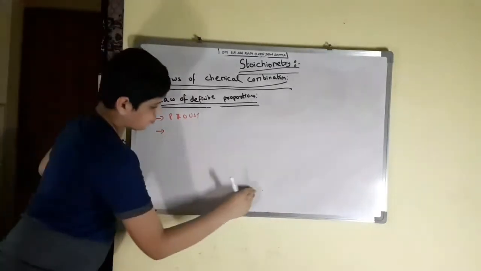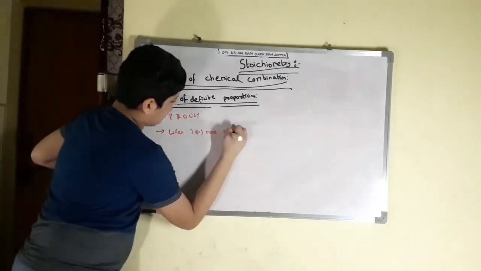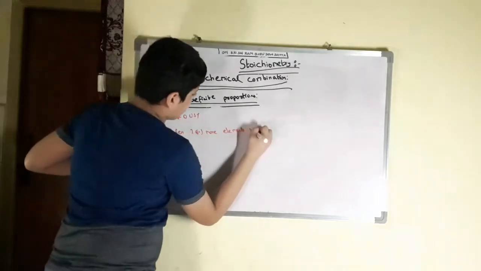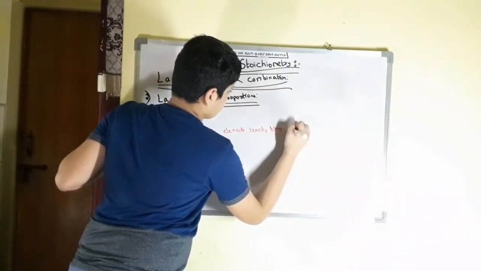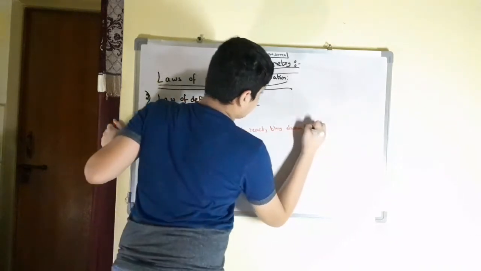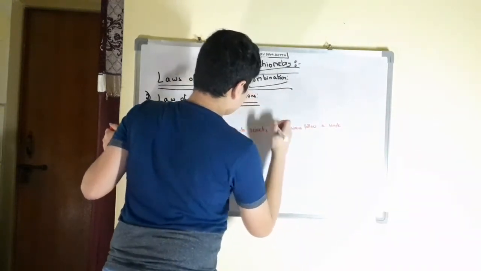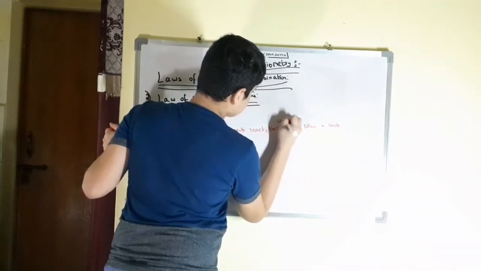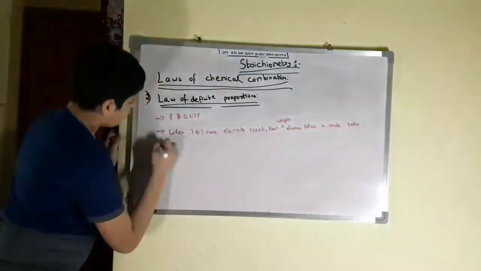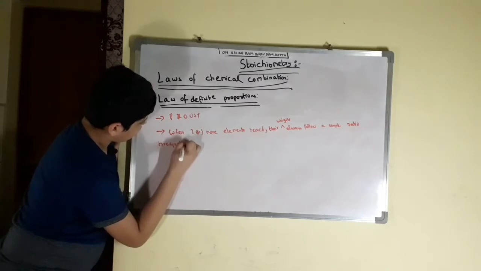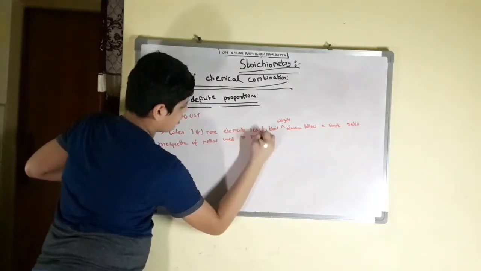This law states that when two or more elements react, their weights always follow a simple whole number ratio, irrespective of the method used to prepare.